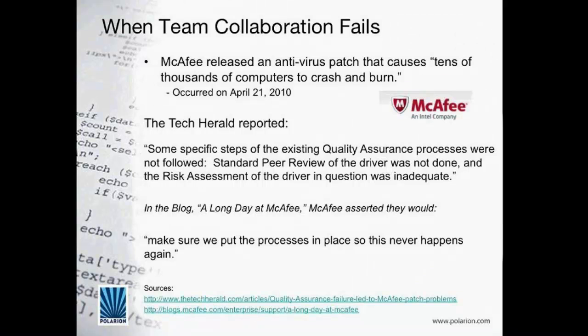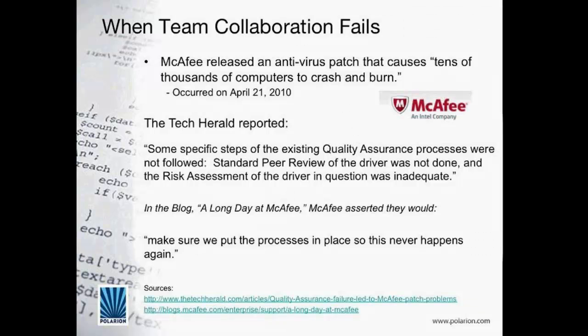It was reported in the Tech Herald that some of the existing quality assurance processes that were native to McAfee were not followed. Peer review of the driver was not done, a risk assessment was questionable, and ultimately they released software that wasn't ready. And in response to this, McAfee themselves asserted that they would make sure that they put in the process in place so that this would never happen again.